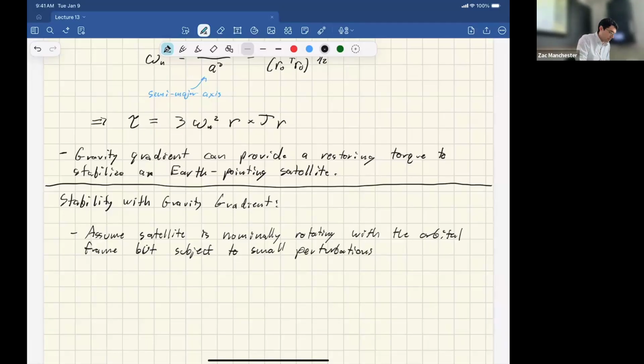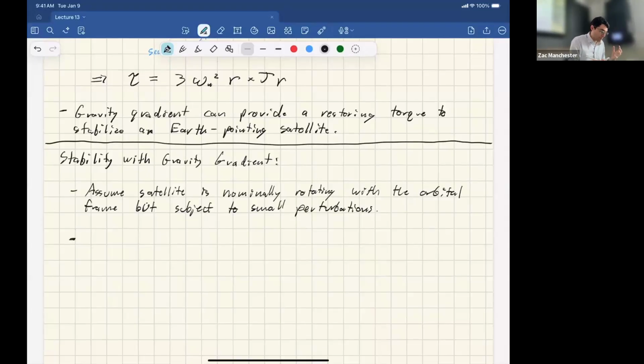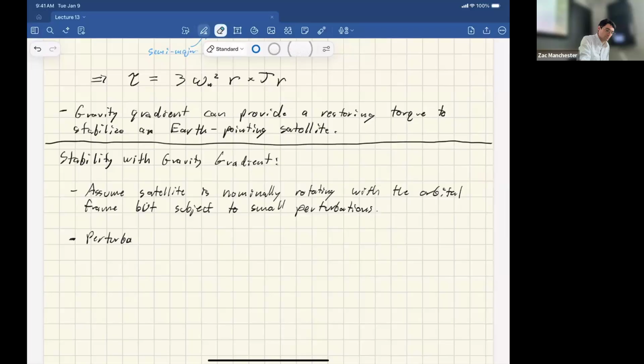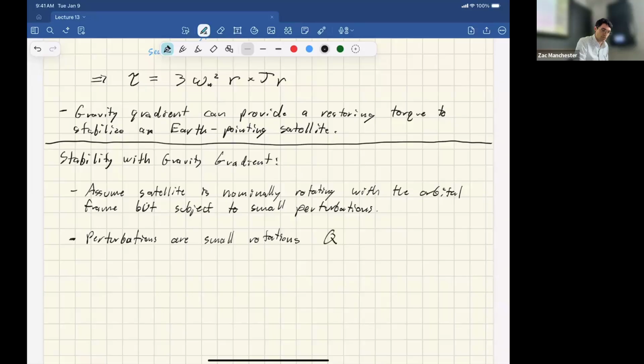Since we're talking about attitude, those perturbations are small rotations. So we've got some rotation matrix from the body frame to, instead of the inertial frame, the orbital frame, which we'll call O. Everything's in this orbital frame, not the inertial frame. And we're going to assume that we're nominally aligned and that there are just small errors.